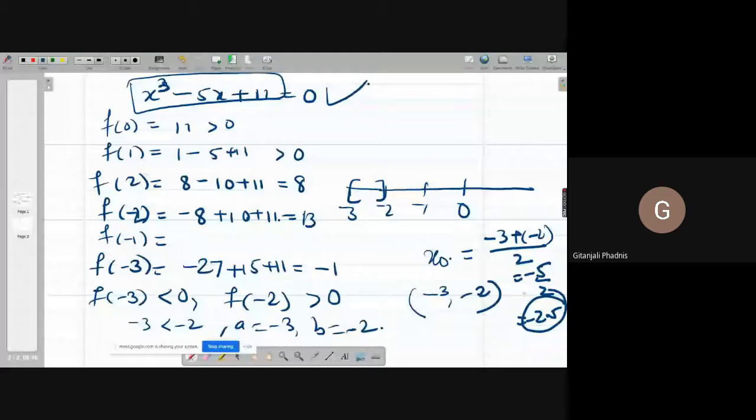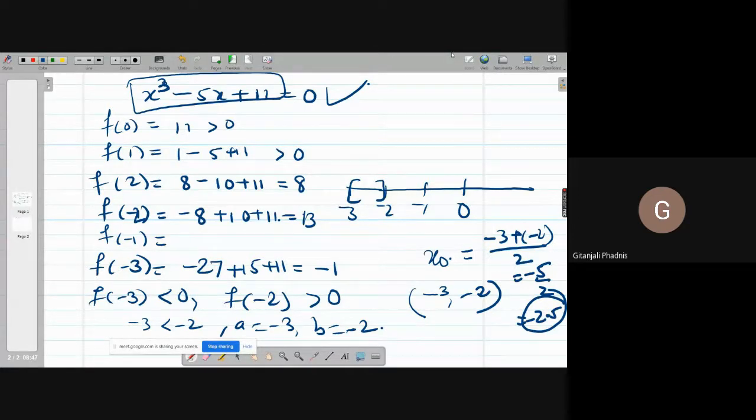Because the Newton-Raphson formula doesn't involve A and B like regula falsi, it involves an initial approximation. The formula is iterative in nature, not the method. Do you understand? The formula is repetitive, not the method.